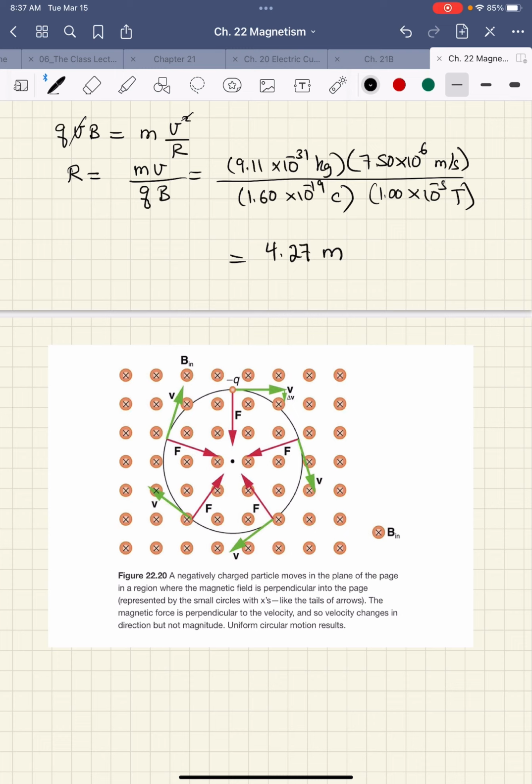My B here is going to be in, and the velocity is perpendicular, and therefore the force here is going to create a centripetal force.